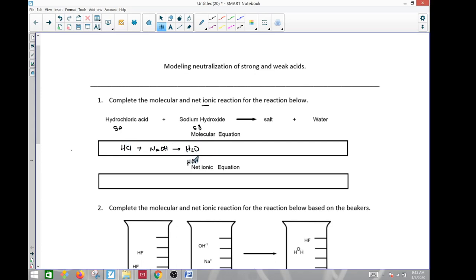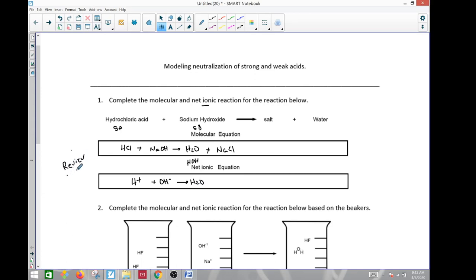And then we have NaCl. All right, the net ionic here is just going to be H plus OH negative yields water. So that is a bit of review from our last page, and nothing really new there.